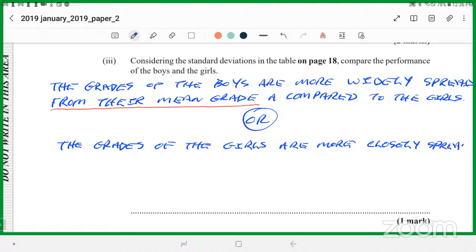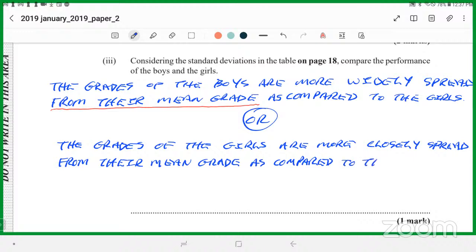Spread is the word that they use for deviation in statistics, right? Are more closely spread from their mean grade. It should be as compared to the boys.